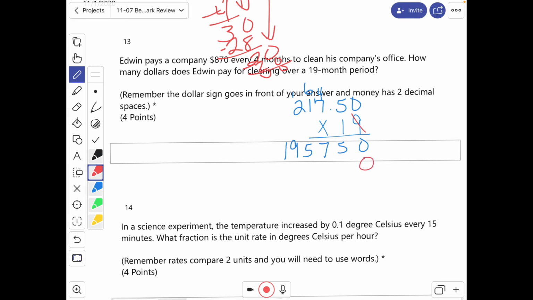Put down a 0. Multiply by the 1. 1 times 0 is 0. 1 times 5 is 5. 1 times 7 is 7. 1 times 1 is 1. 1 times 2 is 2. Then we add those up.